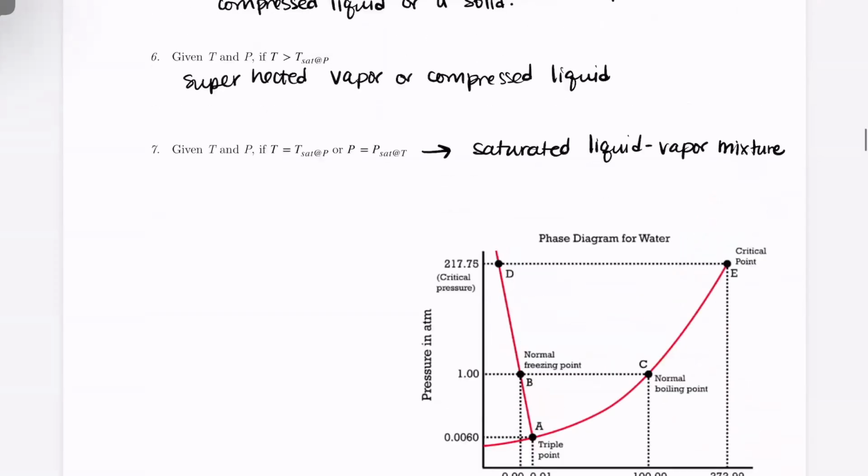So if we are in this category, this means that in this case, P and T are not independent.